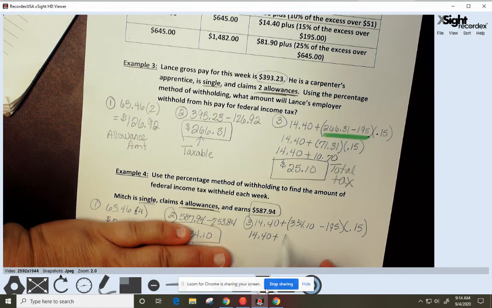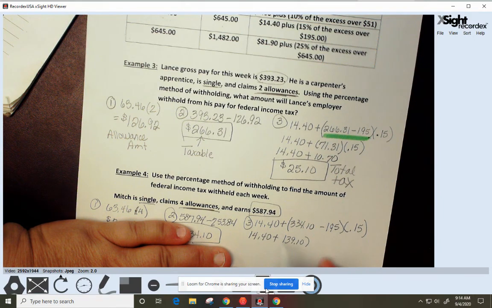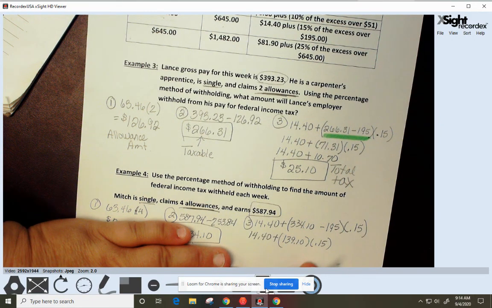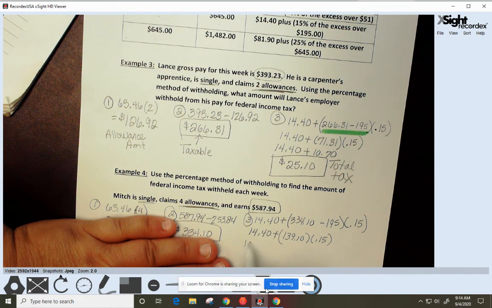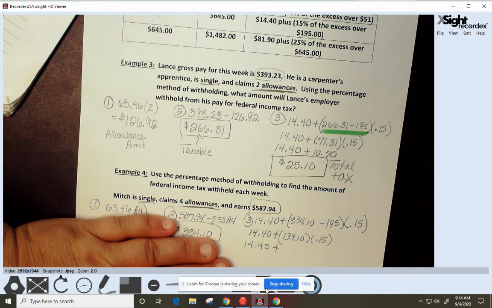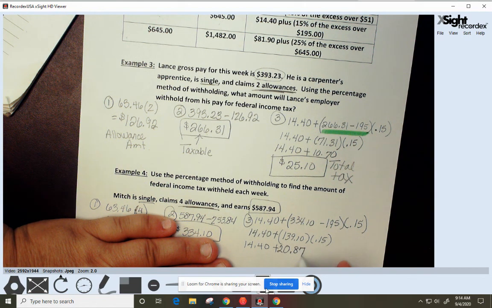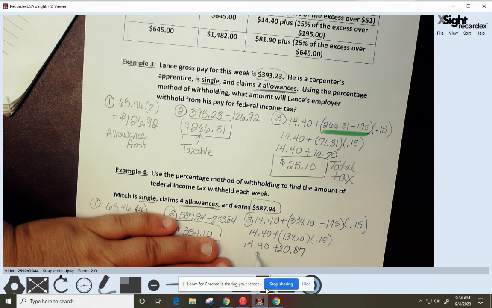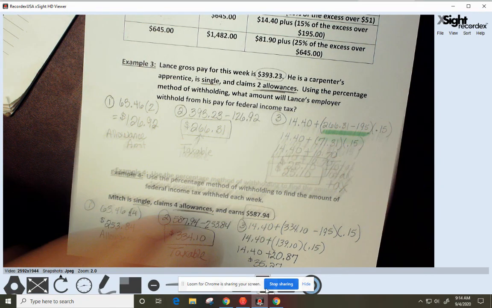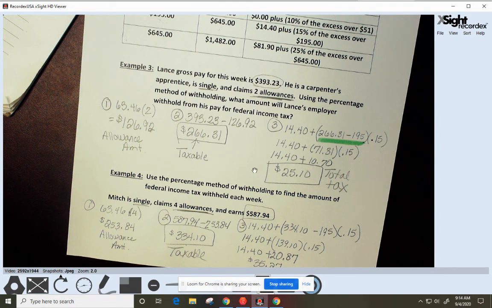There is $139.10 that I still have not paid taxes on yet. So that's going to be at 15%. $139.10 times 0.15 is going to be an extra $20.87. So $20.87 plus $14.40. So I'm going to get a tax here of $35.27.